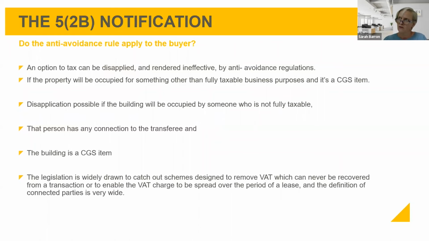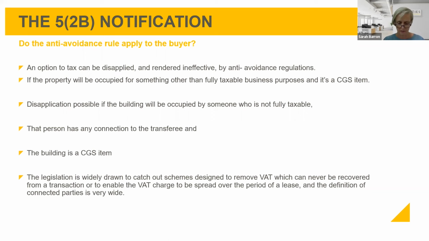So, of all the criteria that need to be met, if we think back to what needs to happen for this to be a VAT-free transfer of a going concern, we know that we need to opt to tax. But the one that often gets forgotten, and it can make the whole thing fall down if it's not done, is the 5.2b notification.